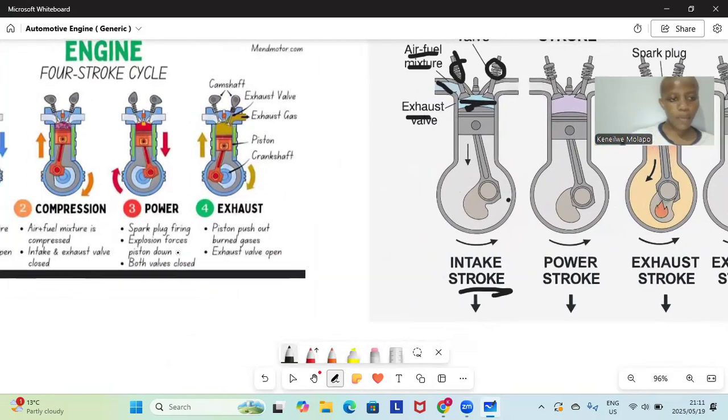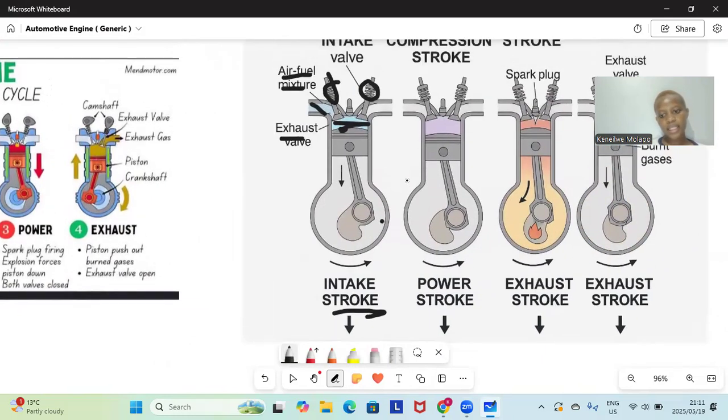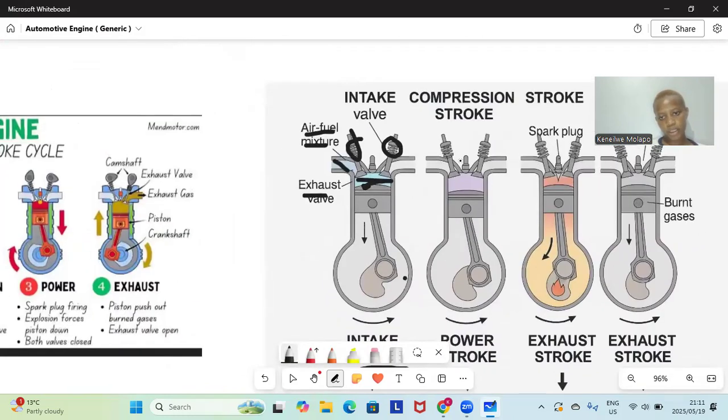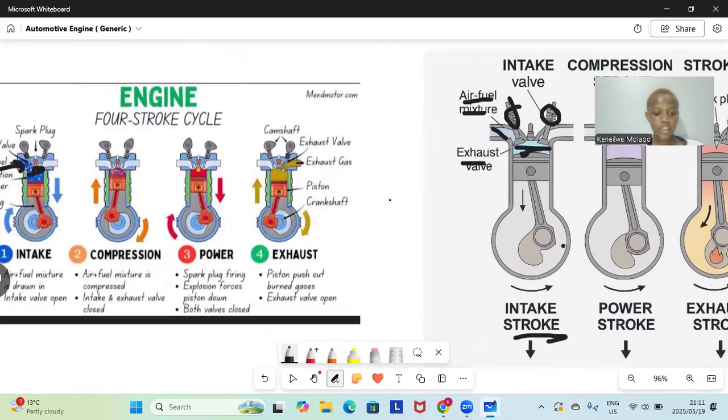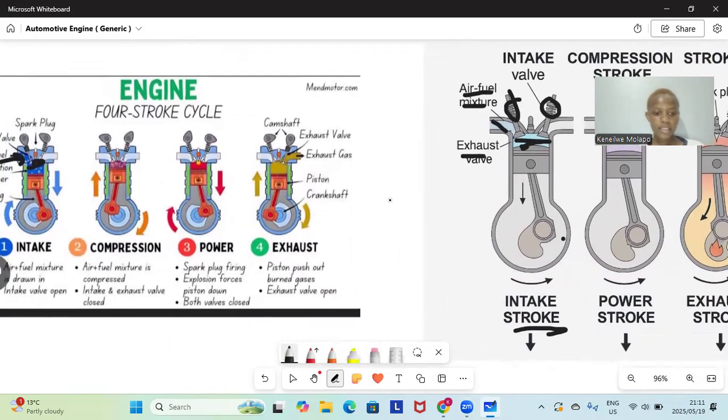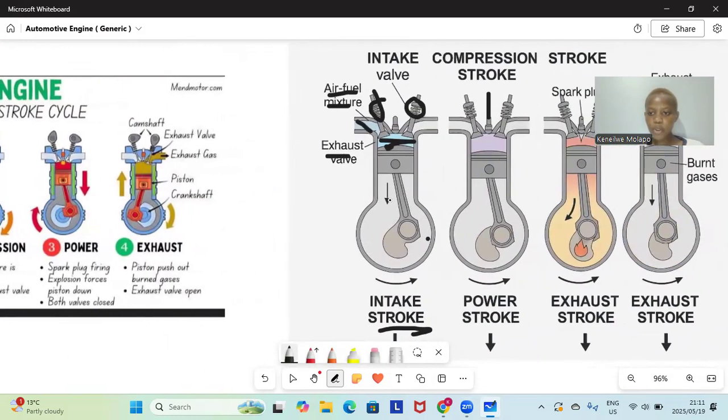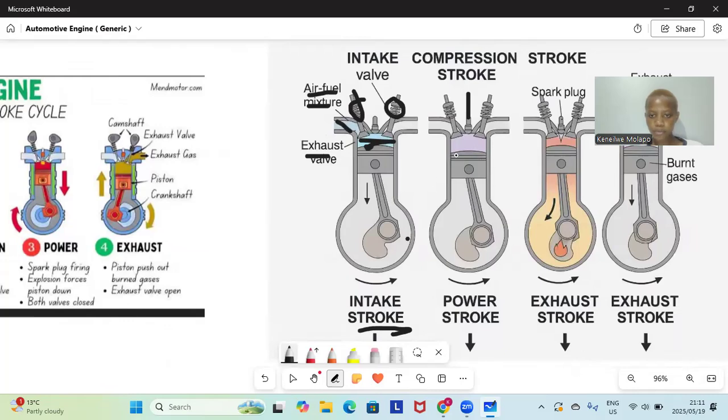For a power stroke, the spark plug fires. You have to know that the spark plug is this one. Your spark plug firing causes an explosion that forces the piston down. The piston goes down, this is your piston, right?